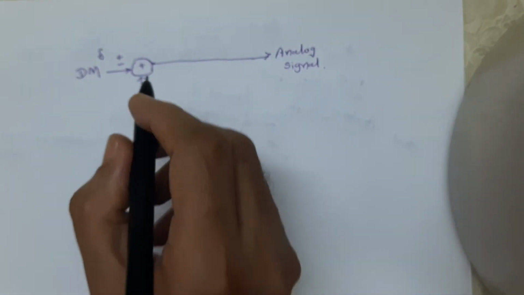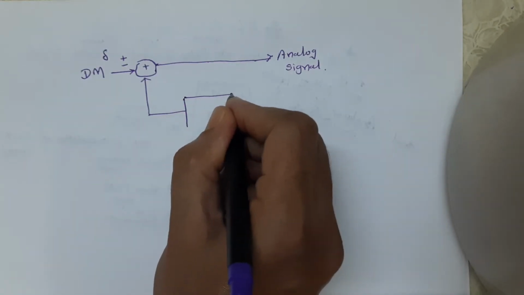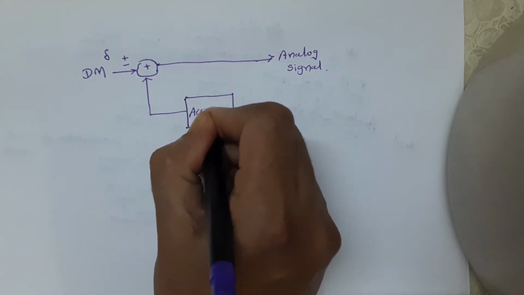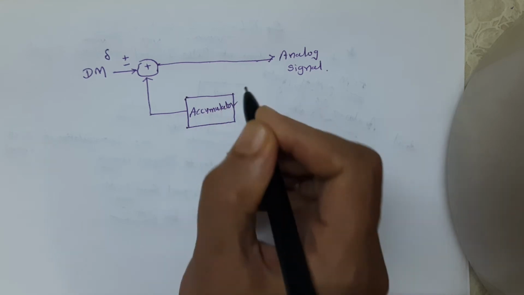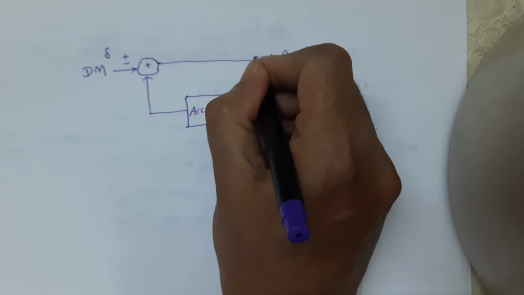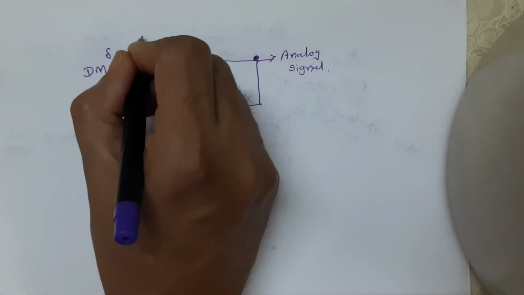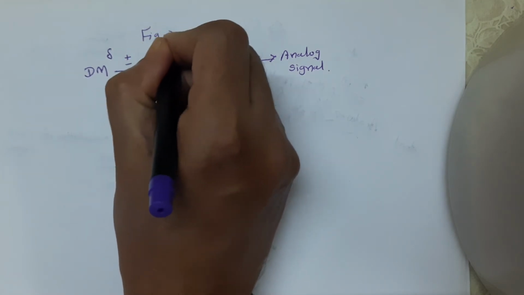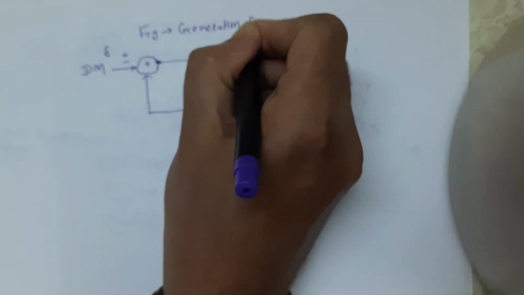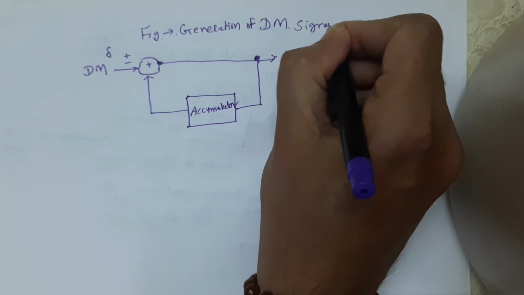Again there is an accumulator in between, and this is given to the output. This is the figure of generation of DM signal.